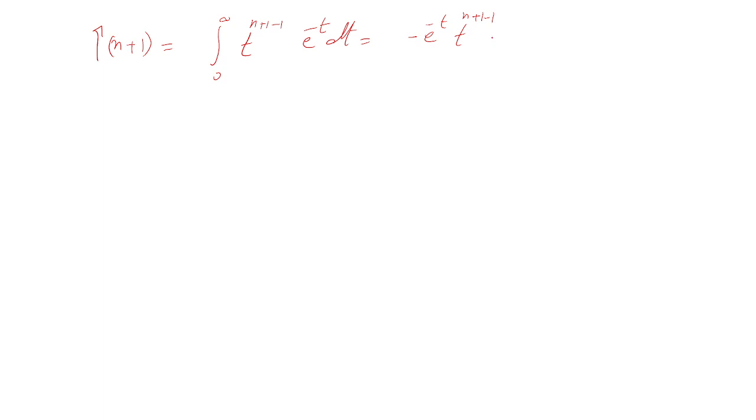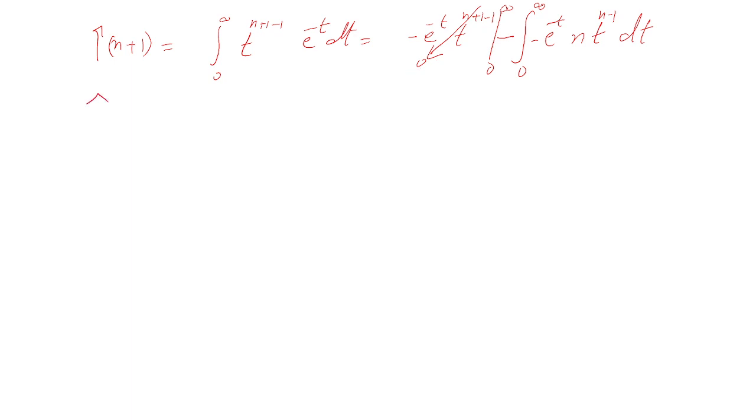Okay, here is minus integral of e^(-t) times minus, and the differentiation of t^n will give me n t^(n-1) dt, from 0 to infinity, and here also 0 to infinity. This is 0 because on the upper side the exponential is 0, and on the lower side t^n is 0.